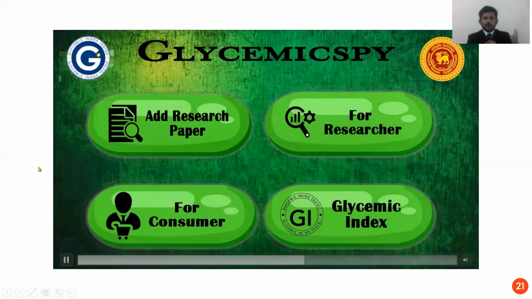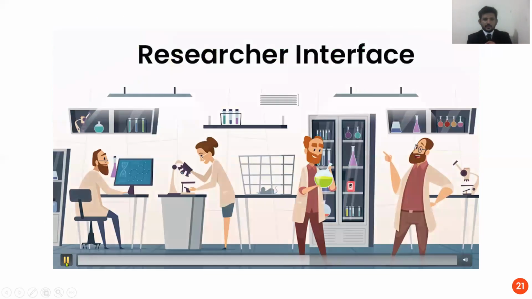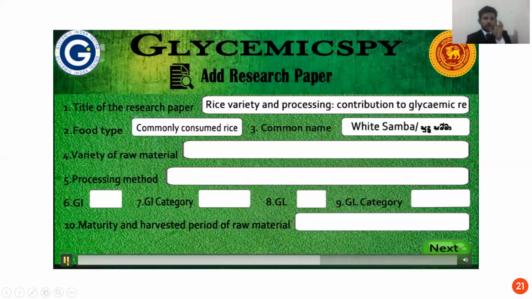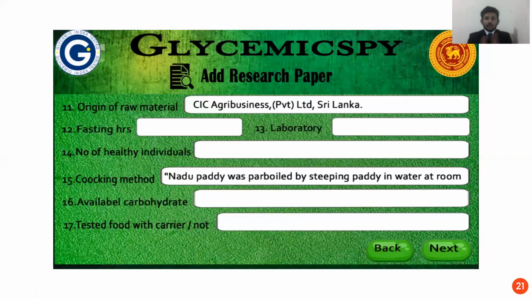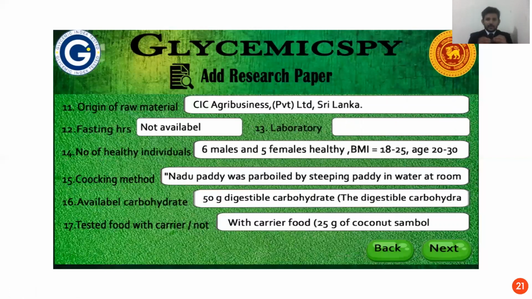If we focus on the researcher interface, it gives researchers the facility to add new research papers while keeping their ownership. So we can create a good database with sustainability.